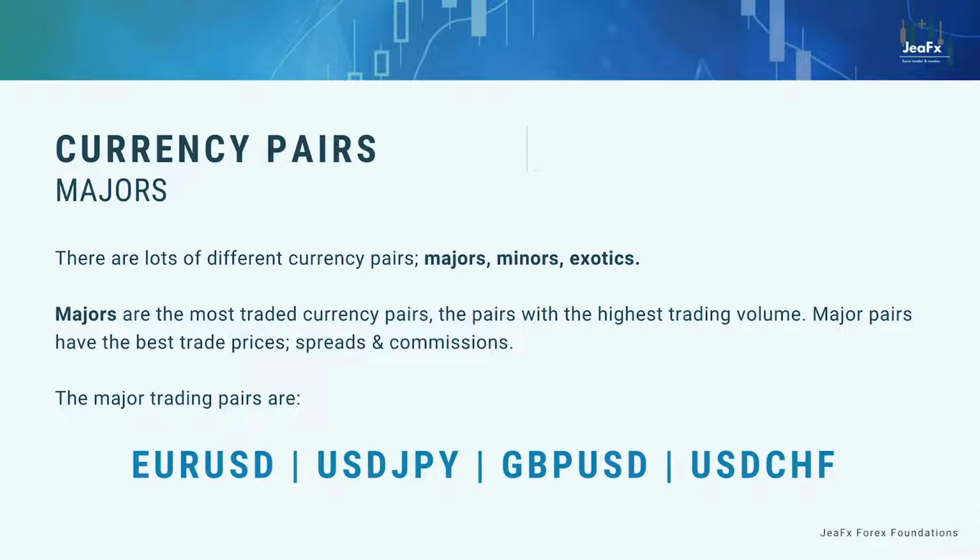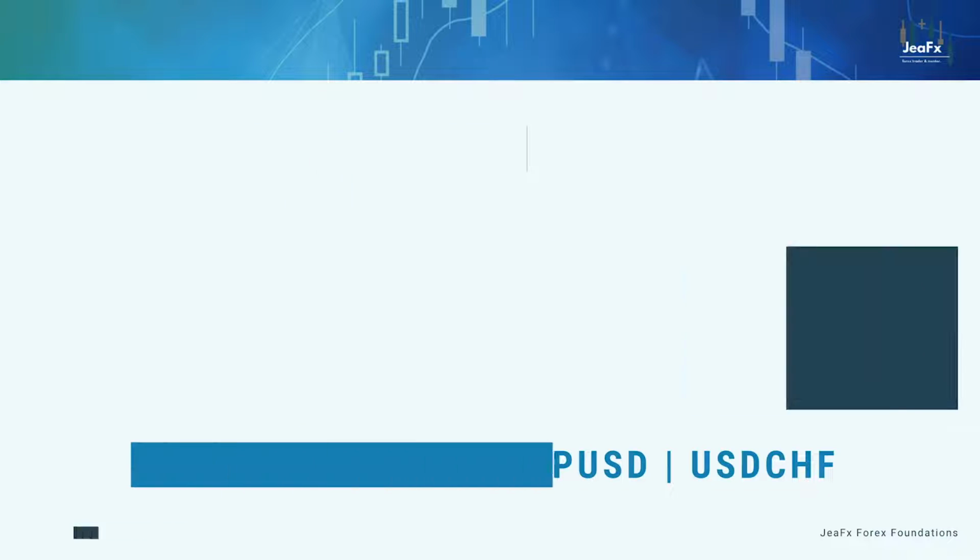Okay. So we have two different main types of currency pairs. We have majors. These are the main currency pairs like Euro USD, USD JPY, GBP USD, and USD CHF. So these are the pairs that are traded the most. They have the highest trading volume and will provide us with the best prices, the best spreads and commissions.